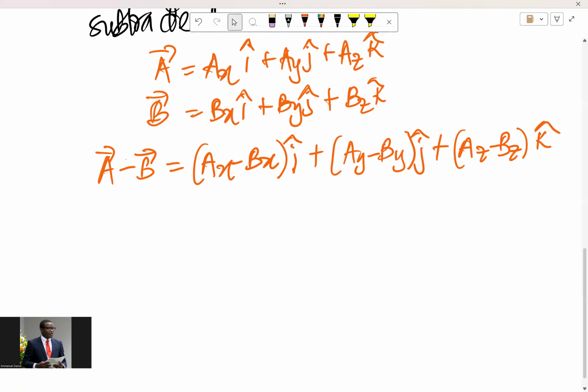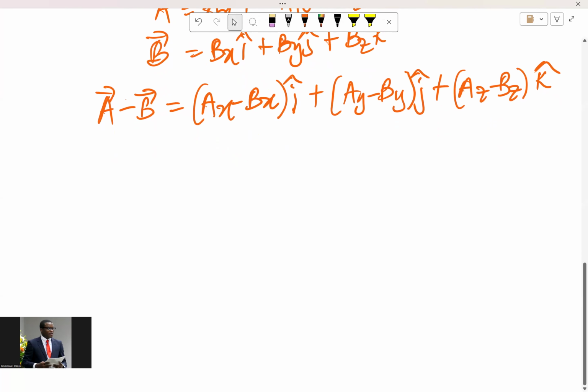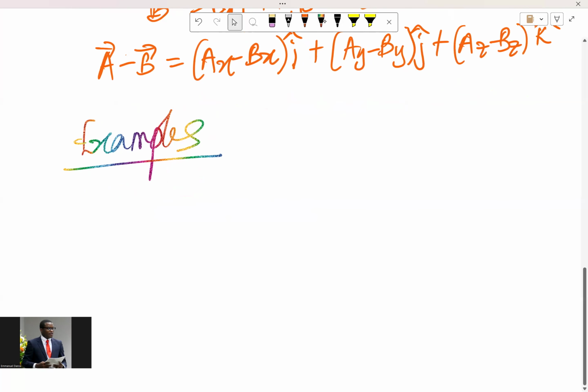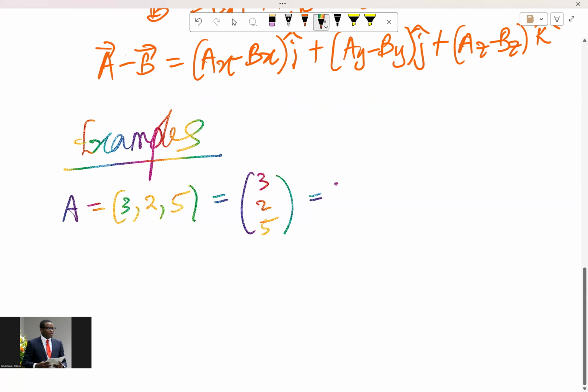So let's take examples of this. Vectors can be represented in different ways. For instance, I can say A is equal to (3, 2, 5), which is still the same as 3i plus 2j plus 5k.